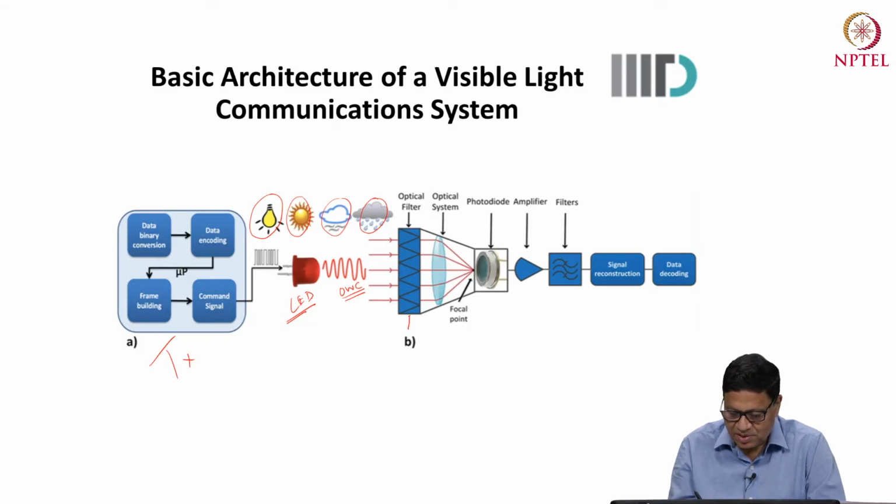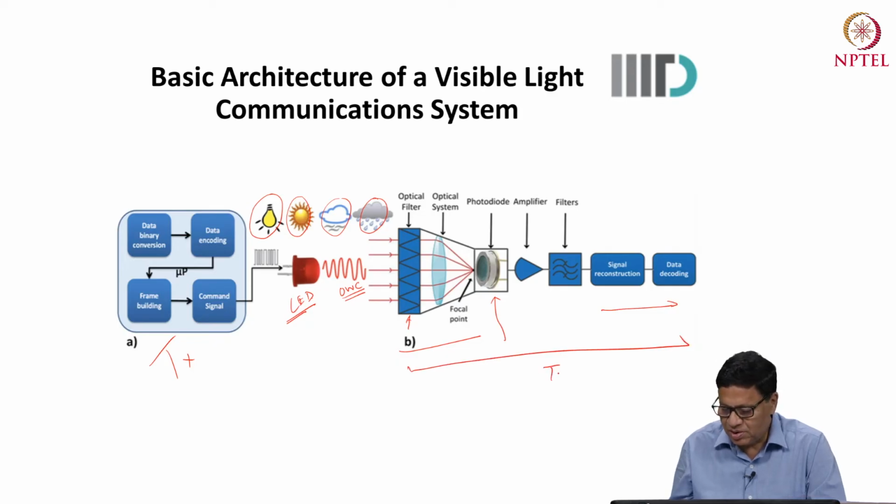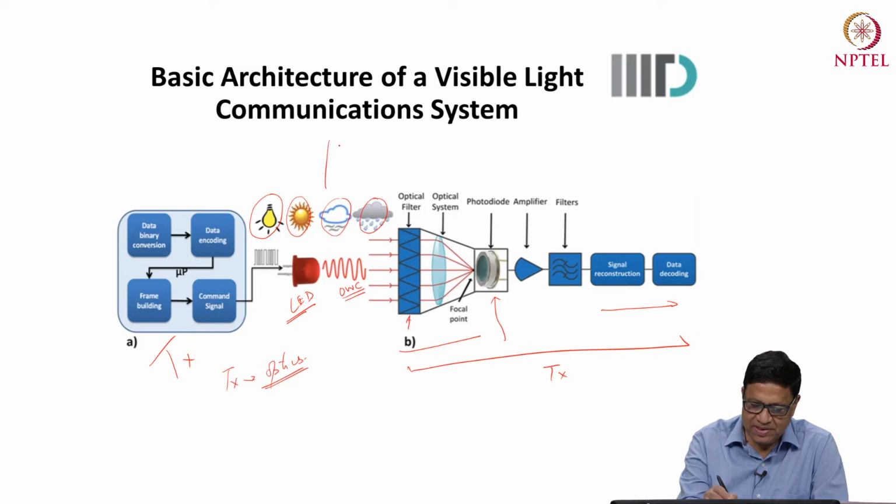Then you have some filter, some optics, and then the photodiode, the amplifier, some signal reconstruction and signal processing, and you get your data back. This is the receiver part, which includes the optics as well. And this is the transmitter part. It may also have some optics so that it meets both your requirement of illuminating the road as well as communication. And it is impaired by noise. These are the noise in the system.